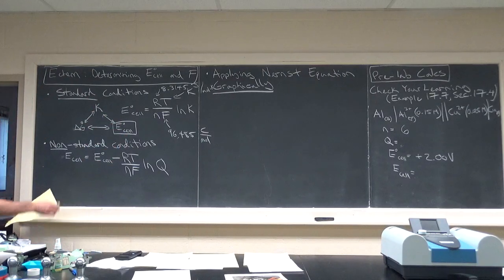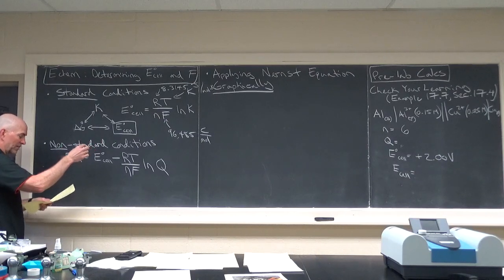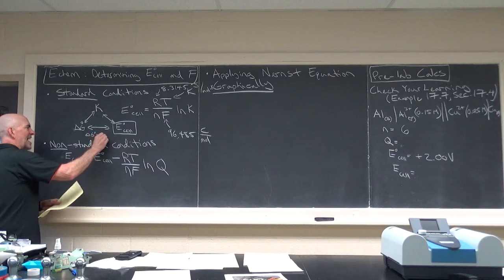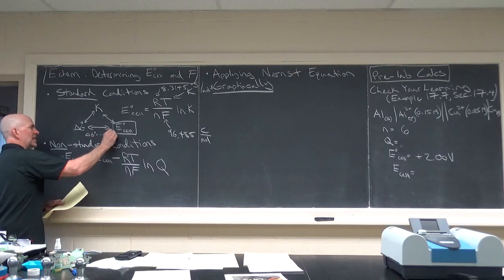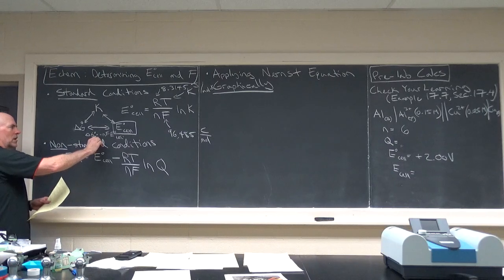The equation for delta G and E0 cell: delta G equals minus NF E0 cell. So that's a pretty straightforward calculation. But if you want to get the E from the delta G, you just have to solve it.